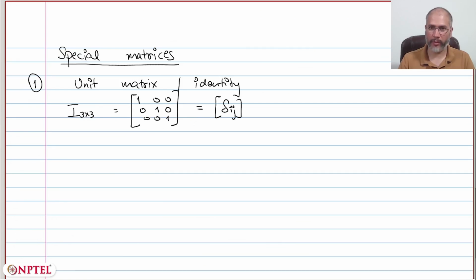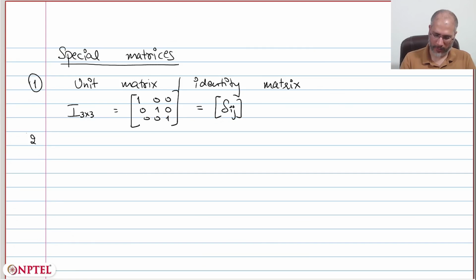So if you put i equal to j equal to 1, you get delta 1 1, which is 1, delta 2 2 and delta 3 3 are also 1, and all other components are 0. So this is the indicial notation representation of a unit matrix or identity matrix. Now whether delta is actually a tensor or not is something we'll address later this week, but for now you can take it as a matrix.